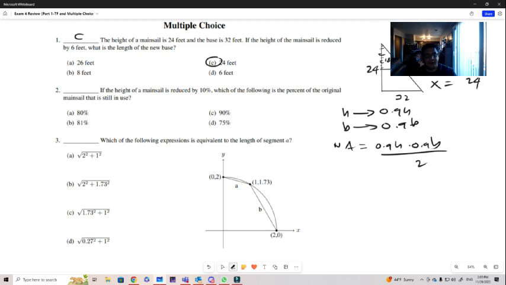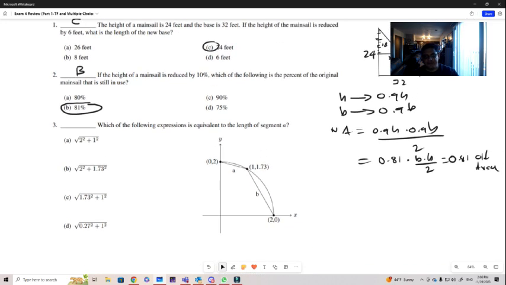Remember that this is a triangle, and the area of a triangle is base times height divided by 2. But now notice that this is just 0.81 times the original base times height divided by 2. So this is like 0.81 of the old area. This says that I still get to keep 81% of the original area. And the answer is B.